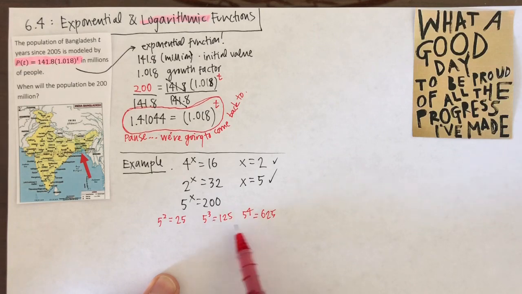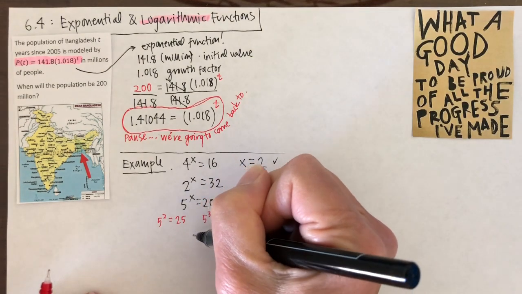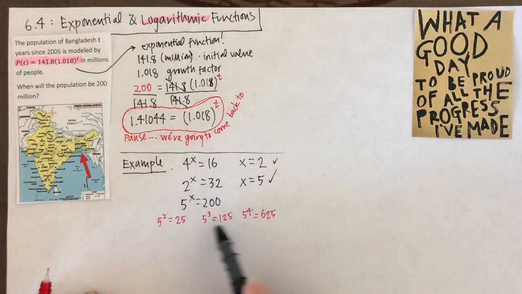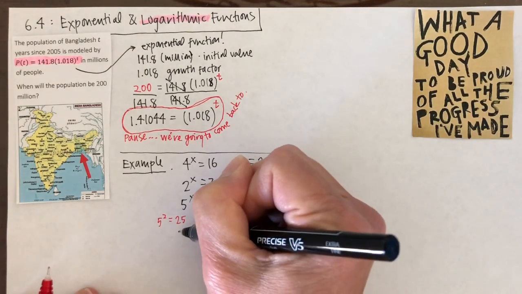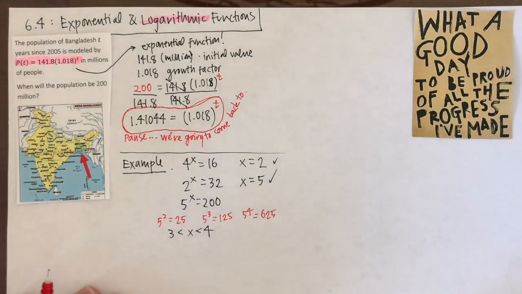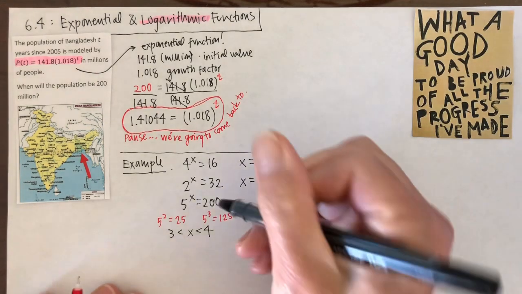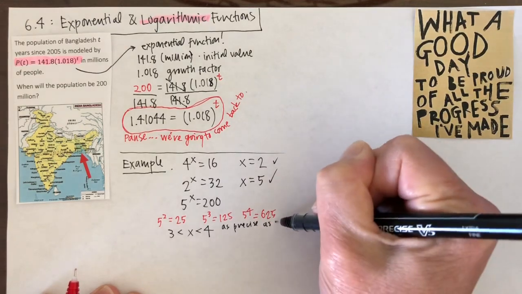Well, it's between these, so it's not some nice round number. So all I know is x is between 3 and 4 somewhere. And without a calculator, I can't really come up with anything more precise. So x is between 3 and 4, and that's as precise as my brain can get.